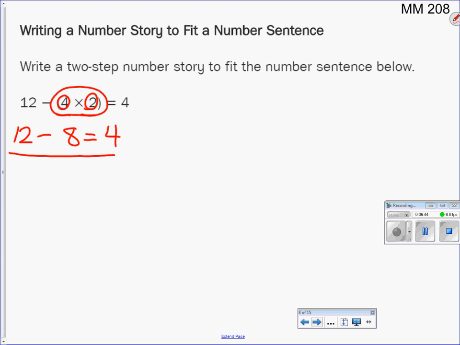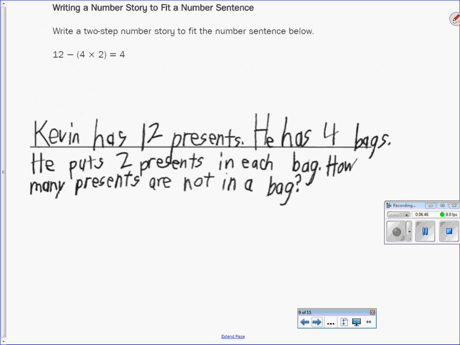Okay? All right. Here's our first example that someone has written. It says, Kevin has 12 presents. He has 4 bags, and he puts 2 presents in each bag. How many presents are not in a bag? So I want to look at this and see, is this a good number story for this number model? Well, do I have anything in his problem that represents 4 groups of 2?